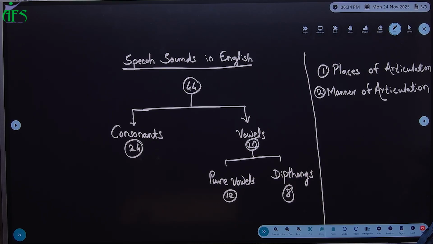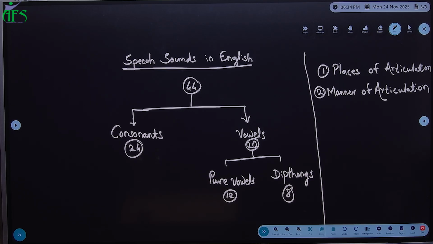The very first category is labial sounds. Now what is meant by labial sounds? By looking at the word you might have guessed. Labial means the sounds which are uttered with the help of the lips, right? The sounds which are articulated with the help of the lips are called labial sounds.